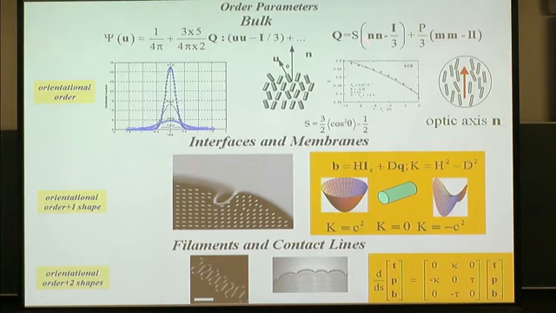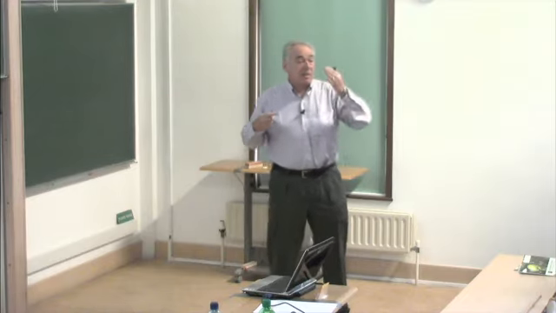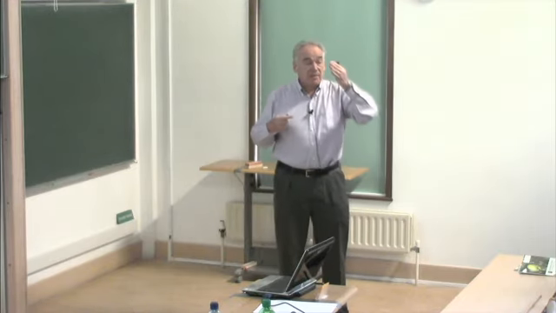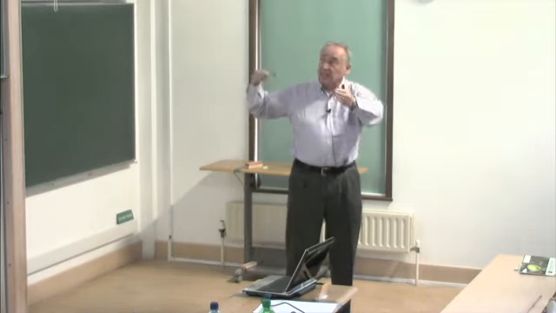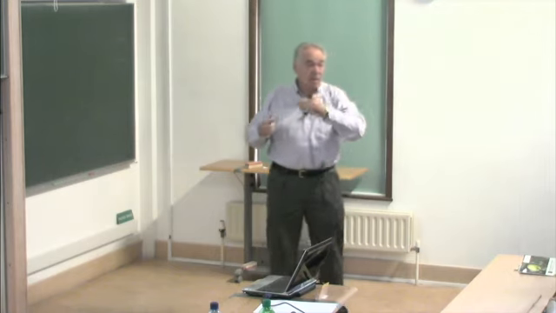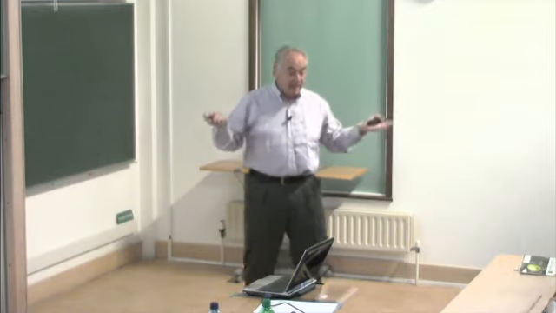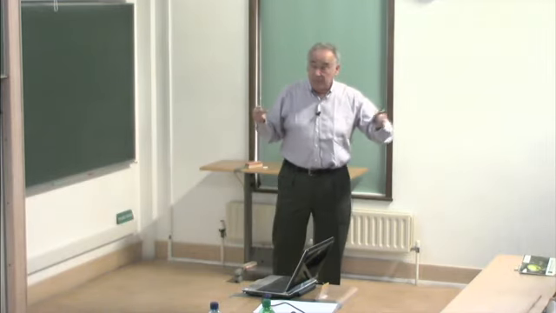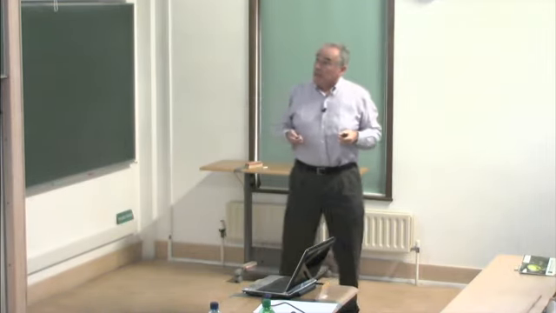In addition, if the plane perpendicular to the optic axis is anisotropic, for example, close to an interface, we have biaxiality, and this P is the biaxial order parameter that gives an indication of the bias on the plane perpendicular to the optic axis. We'll show some examples where this biaxial order parameter becomes important.